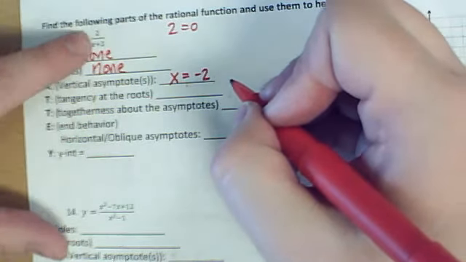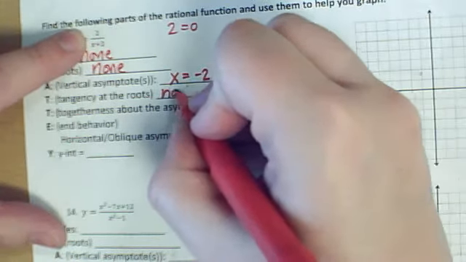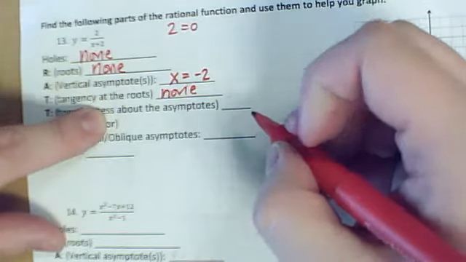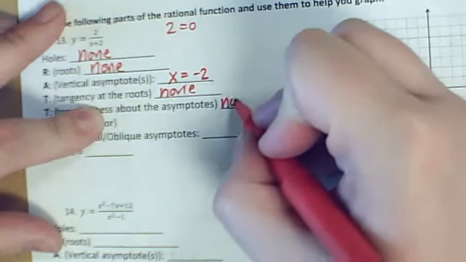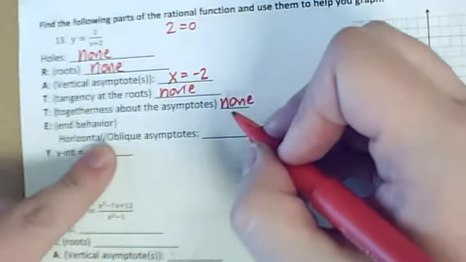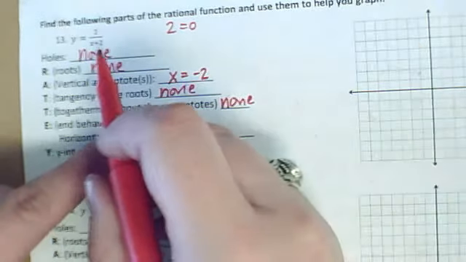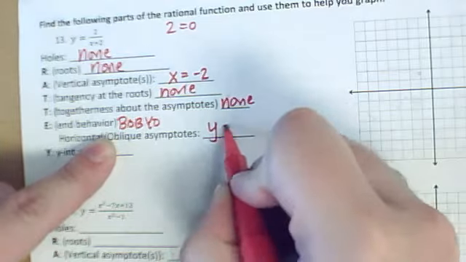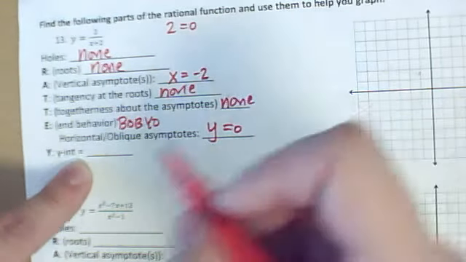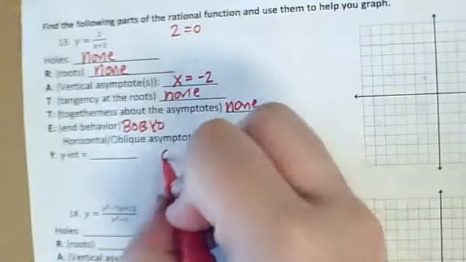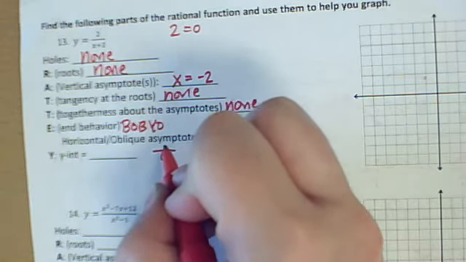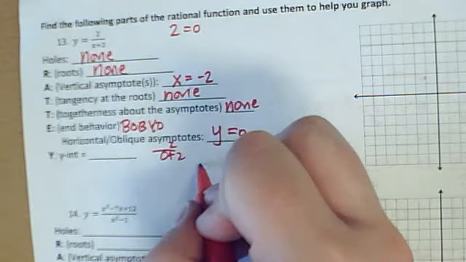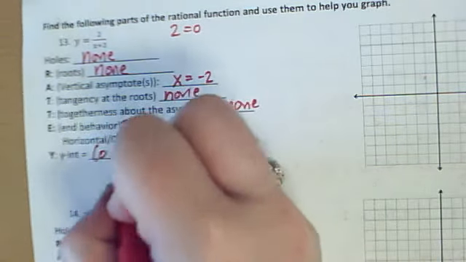Tangency: there is no even root or exponent on the top. Togetherness: there is no even factor on the bottom. For the horizontal asymptote, since there's only an x on the bottom and not on top, it's y equals 0. And the y-intercept: if I plug in 0 for the x's, I have 2 over 2, which is 1.